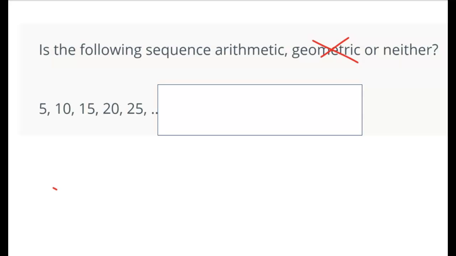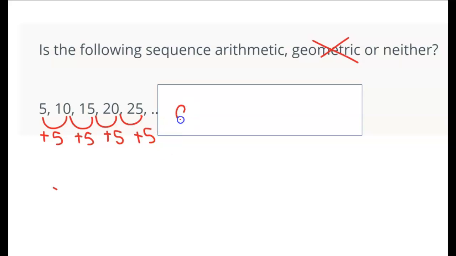I mentioned yesterday, and we're going to talk more specifically, an arithmetic pattern is when you add to get to the next number. What would I add to go from 5 to 10? And is this a pattern of repeatedly adding the same number?